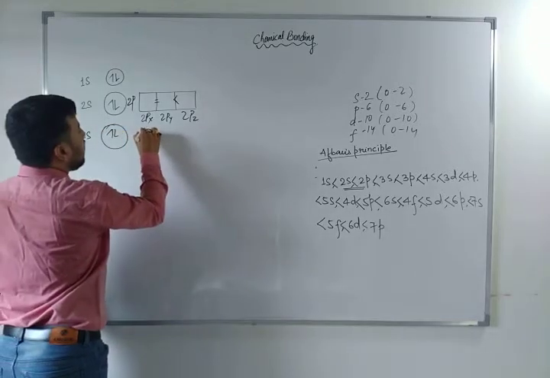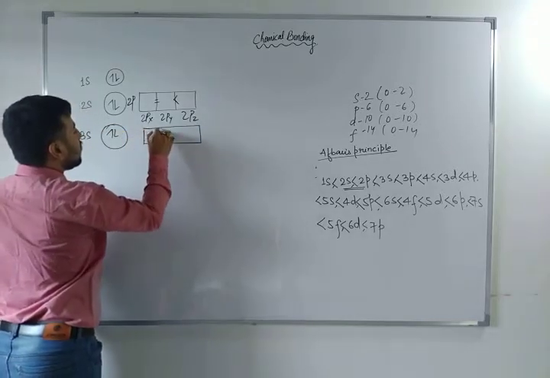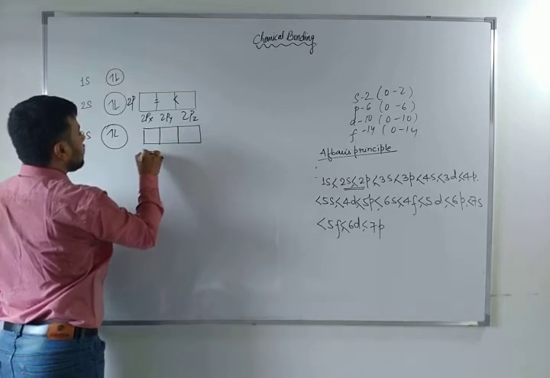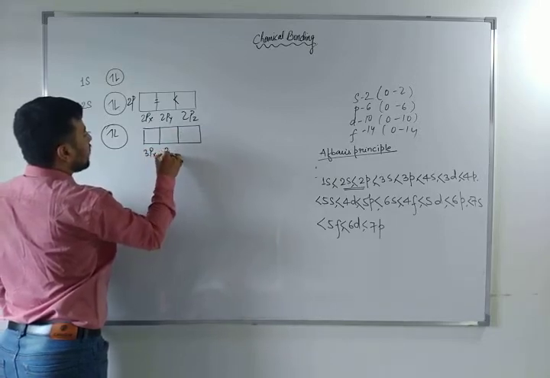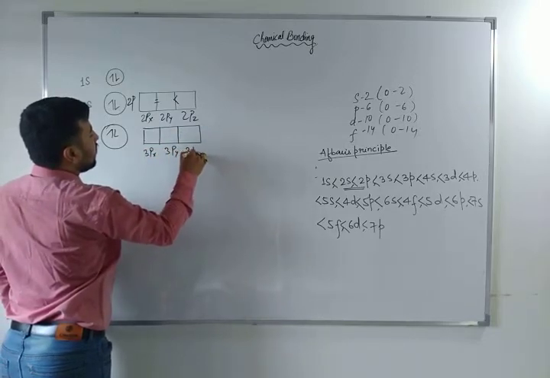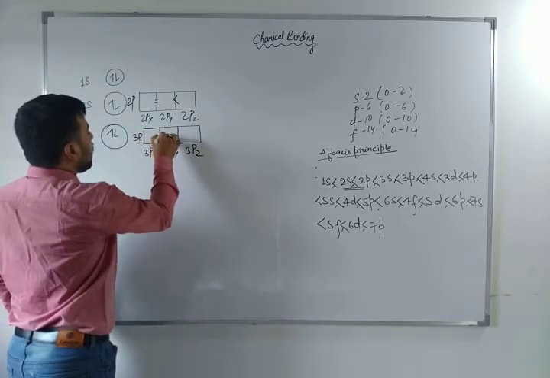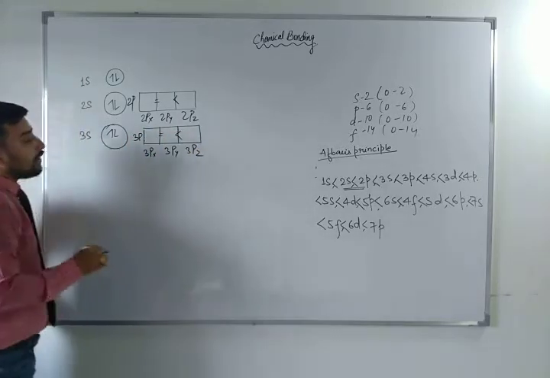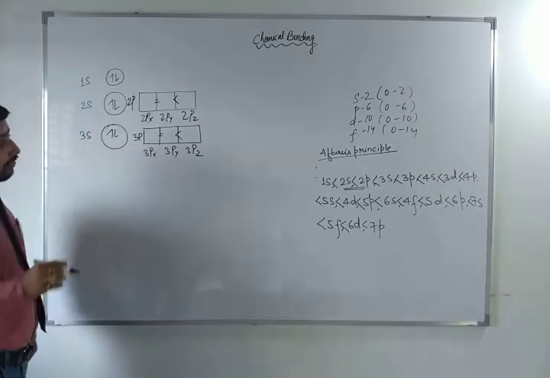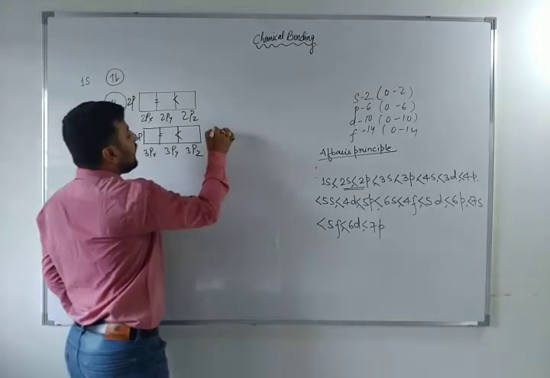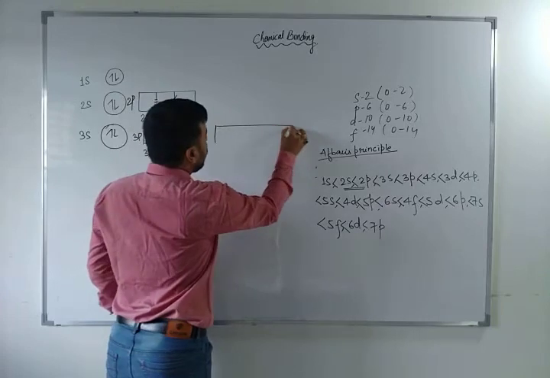Similarly, in 3s there will be 2 electrons. In 3p there are 3px, 3py, 3pz. These two will have the same energy and 3pz will be greater. And in the third shell there is also 3d.